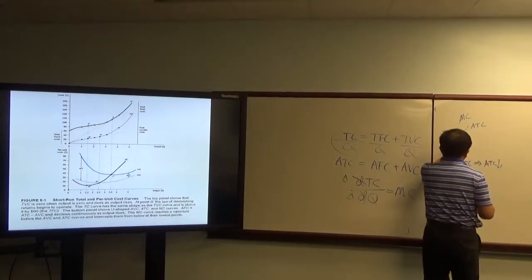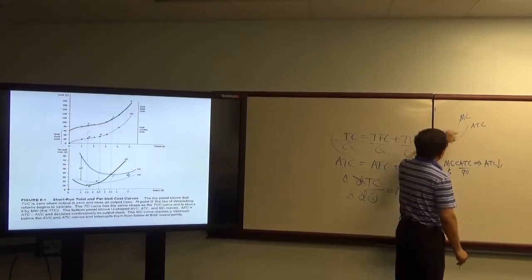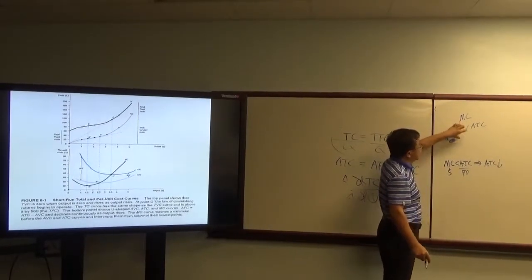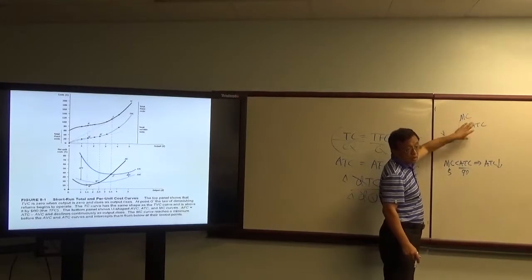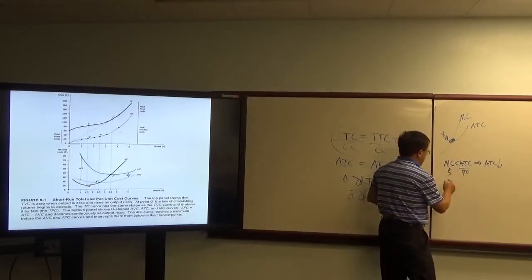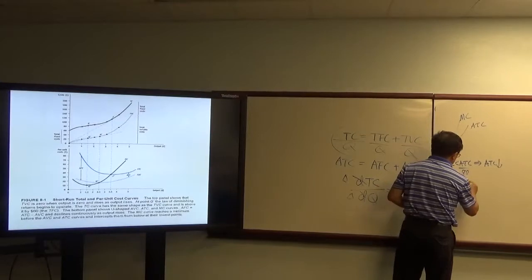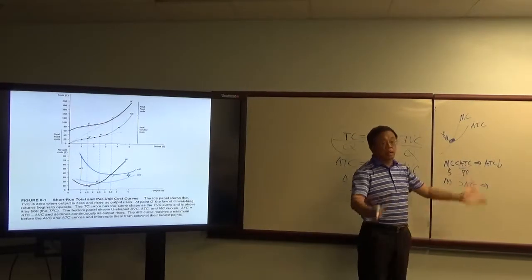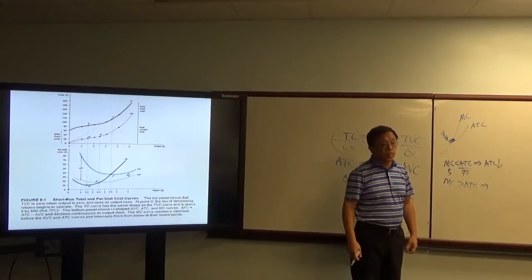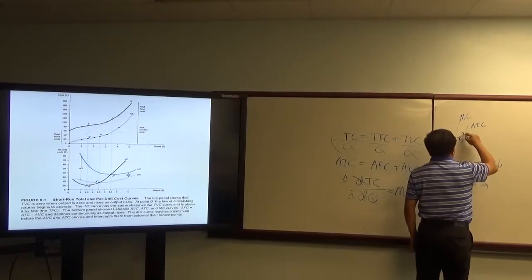And on the right side, now you can see the relationship between marginal and average. The marginal cost curve stays above the average total cost. The marginal cost is greater than the average total cost, or the additional student's score is 90 or 100. Then what happens to the average total cost? It starts to increase.